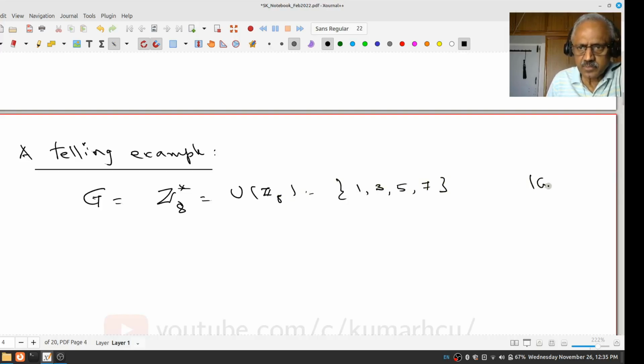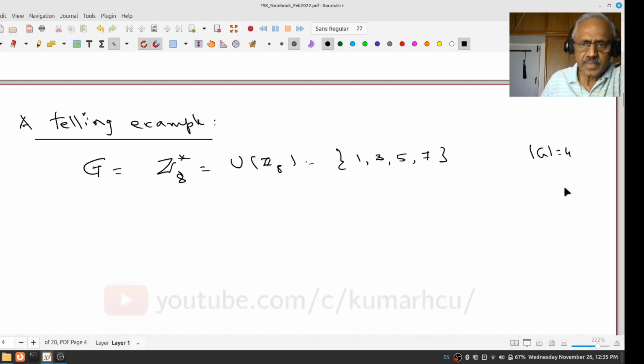So the order of G is 4, right? Then what we found out was, 3 squared is 9, 5 squared is 25, 7 squared is 49, which is 6 times 8 plus 1, therefore all are equal to 1 in Z8.